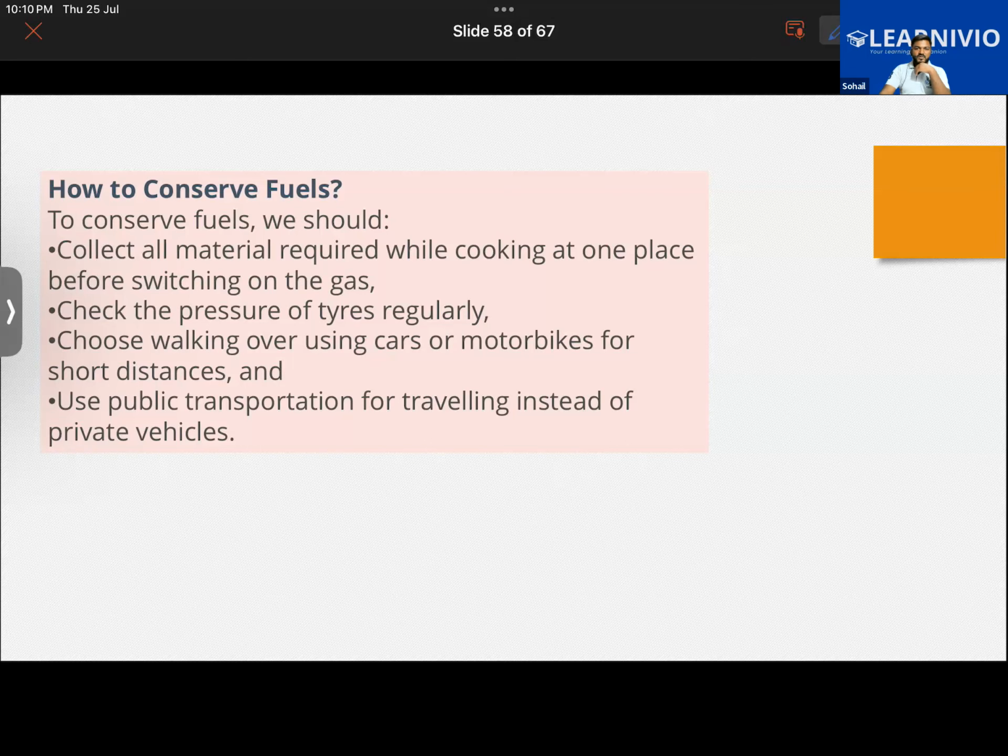Then have you ever thought about the disadvantages of using solar panels? There could be some disadvantages, no? It will not be working at night, although you can store the energy produced by it.